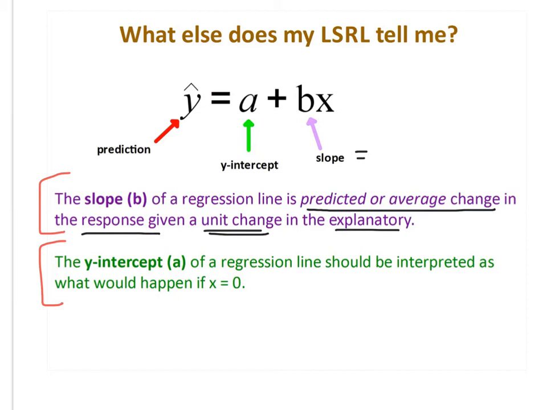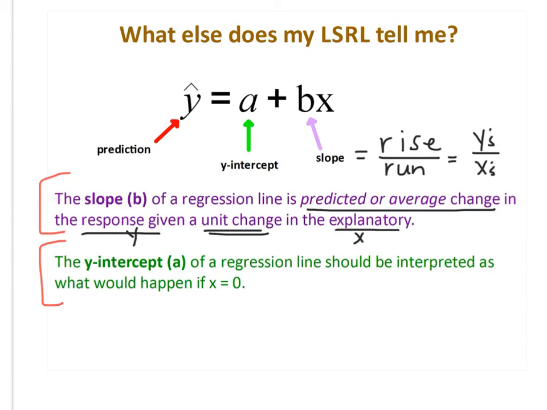In Algebra 1, you said slope was rise over run. Well, rise is the change in my y's, and the run is the change in my x's. That's the same thing we're doing here. The slope is the predicted or average change in the response, or the y's, given a change in the x's. So how are my y's going to change given my x's are changing by 1 unit?